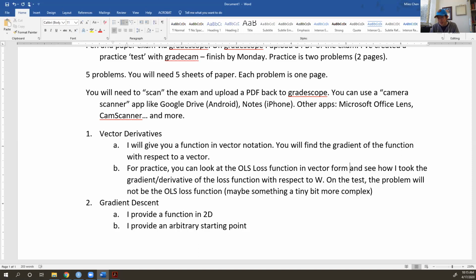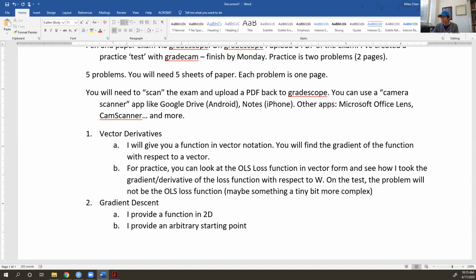It's probably going to be a tiny bit more complex, so you'll have to work through that. But that's that.